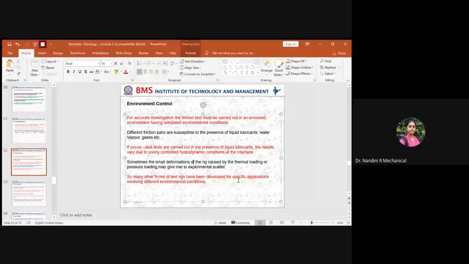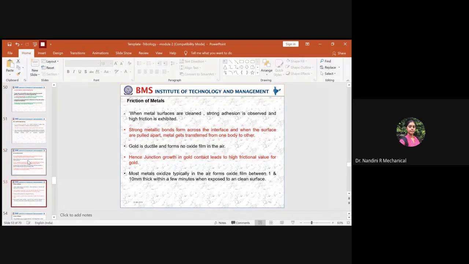So this is about the environment control aspect related to the measuring methods of friction.